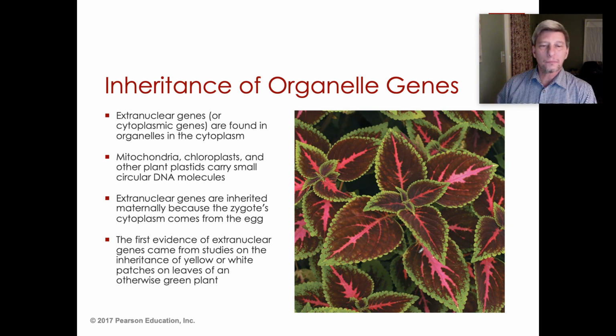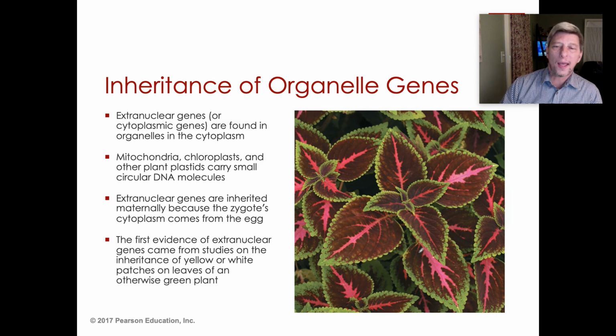Now, these extranuclear genes are inherited only from the mother, because the mitochondria of sperm in both mammals and animals and plants are not embedded inside the mother's egg when the fertilization event takes place. So you only get your mitochondrial DNA from mom.